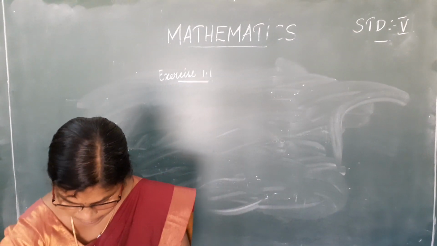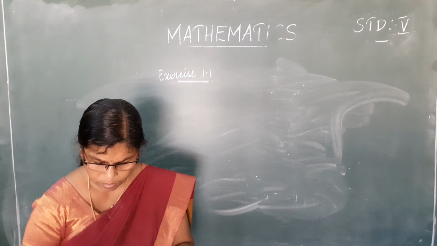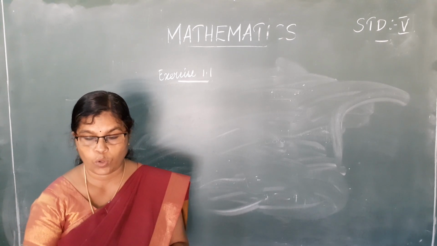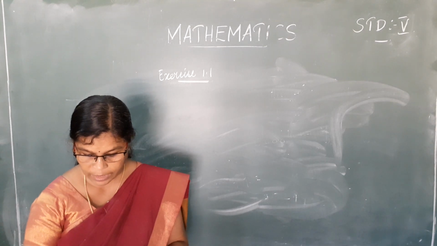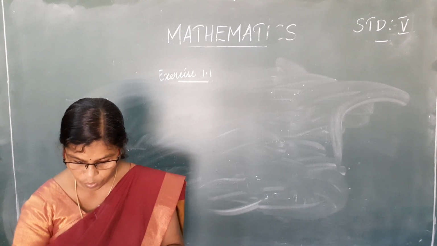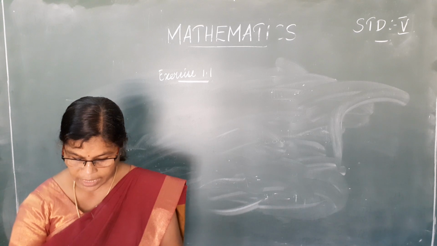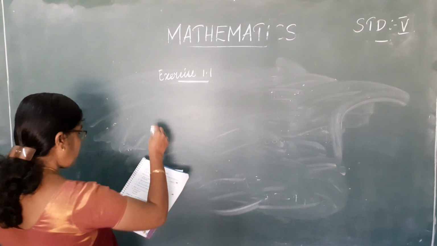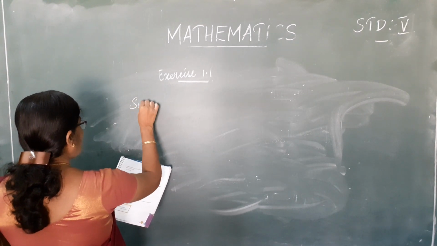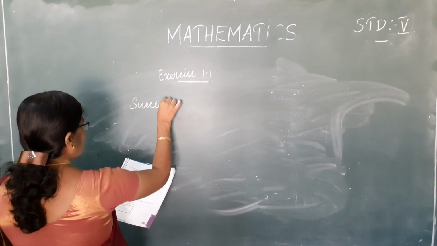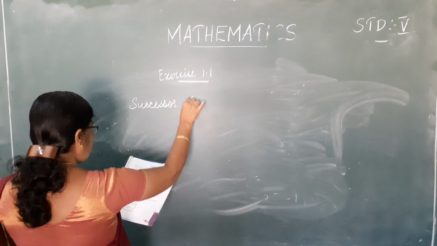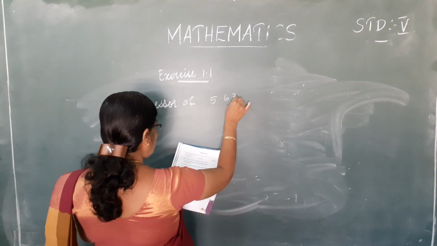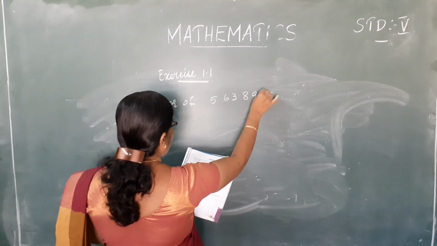In the same question there are 3 more questions, which you have to do yourself from the textbook. Now next, you have to write the successor and the predecessor of the following numbers. Successor of 5,62,899.